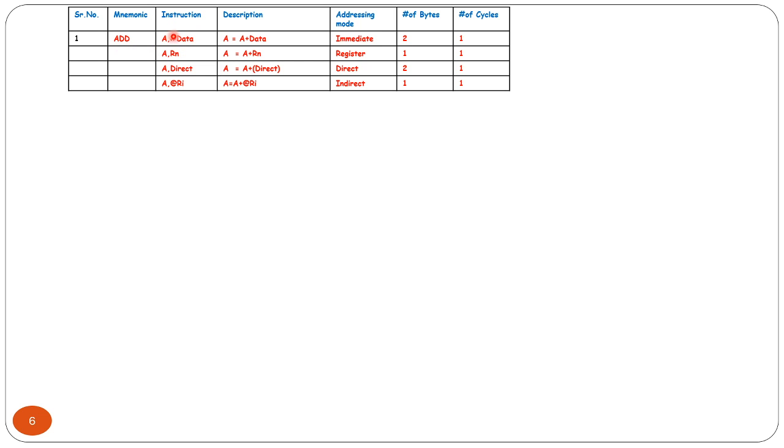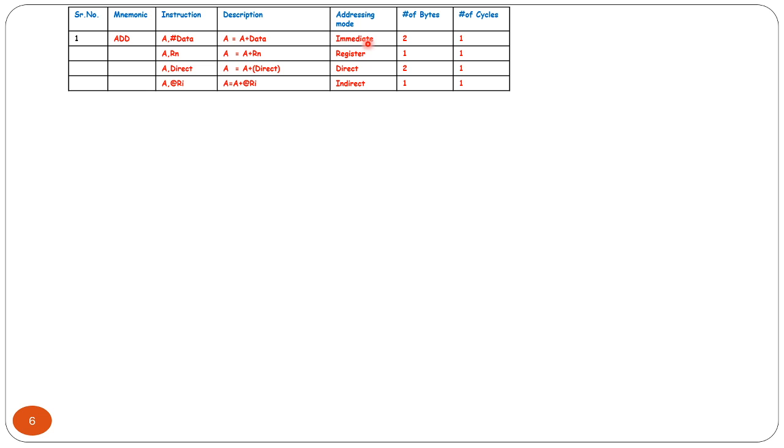Here, ADD A, #data: the immediate data is the source and the destination is the accumulator register. The content of immediate data is added to the accumulator, and the result is stored in the accumulator register. The content of the accumulator changes.